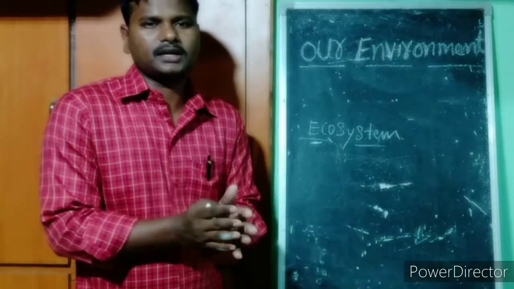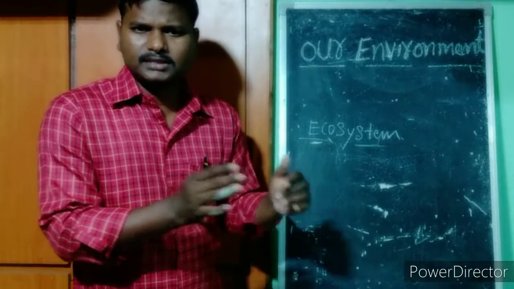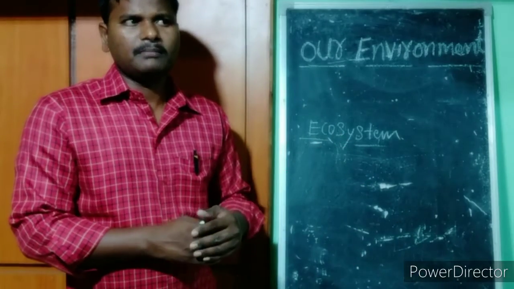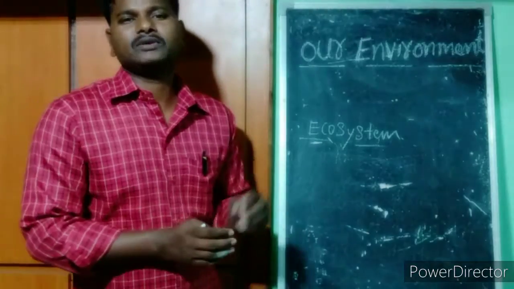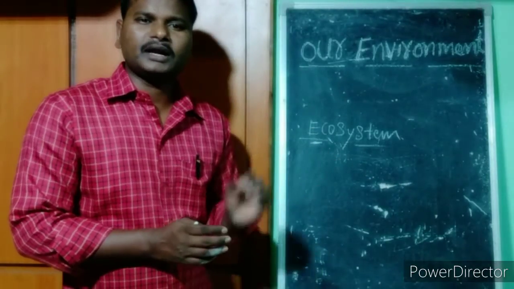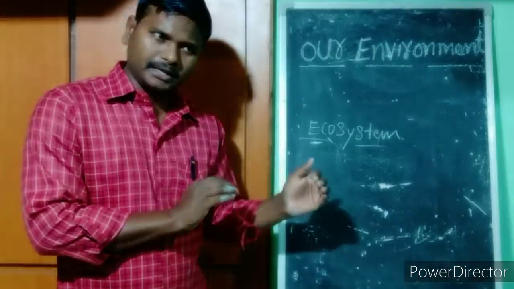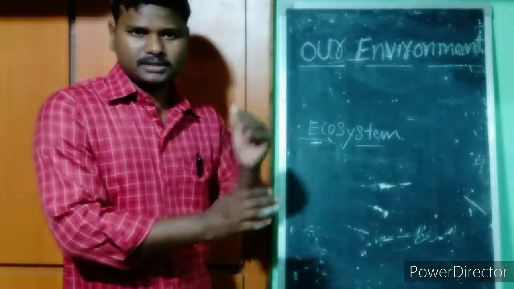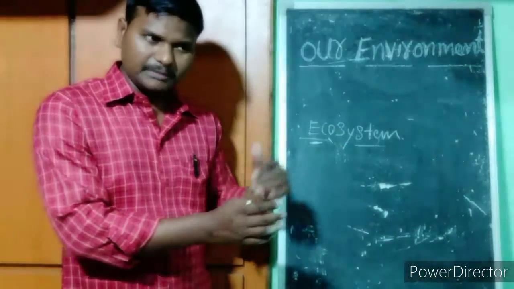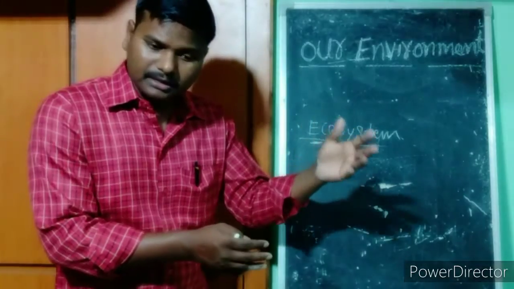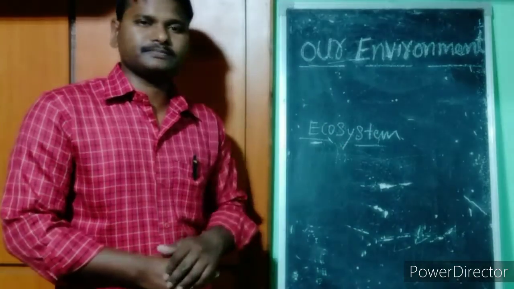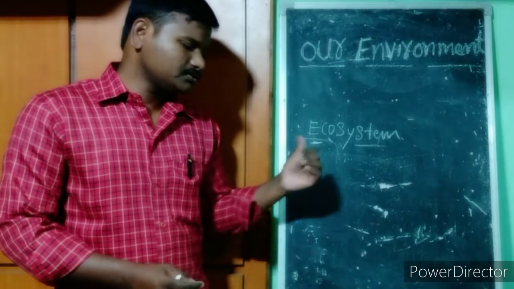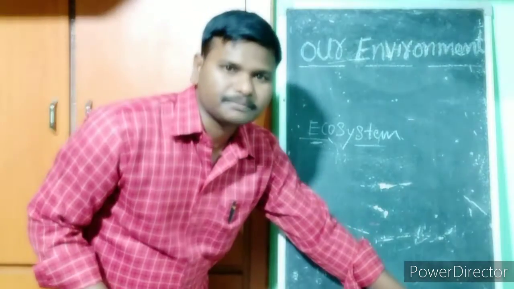These three things are interdependent on each other. The physical environment is required for the plant and animal kingdom, and the plant and animal kingdom are dependent on each other. So that we call an ecosystem. Understand?